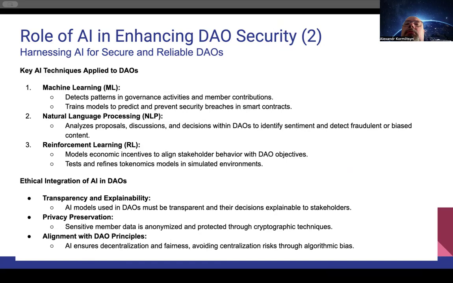And then of course, because artificial intelligence is very powerful, there are ethical issues related to such a powerful tool. I would say AI and DAOs, certainly in this combination, are like a hammer or some scissors.